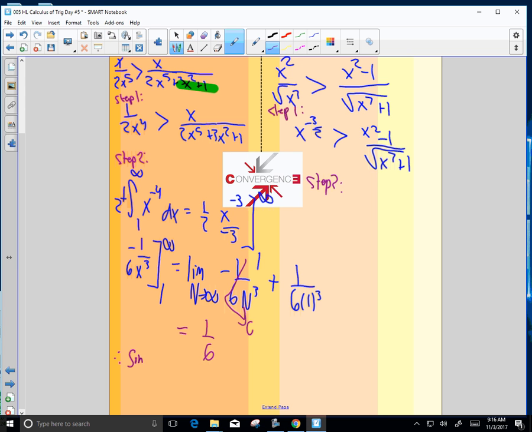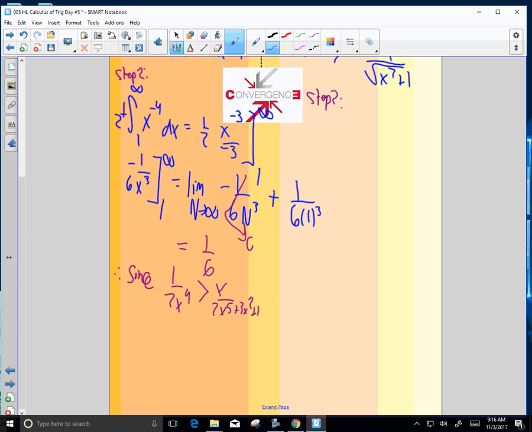Therefore, since 1 over 2x to the fourth is always greater than x over 2x to the fifth plus 3x squared plus 1, on the interval, by the way, 1 to infinity, and the integral from 1 to infinity of 1 over 2x to the fourth dx converges, meaning we get an answer. We got 1/6.